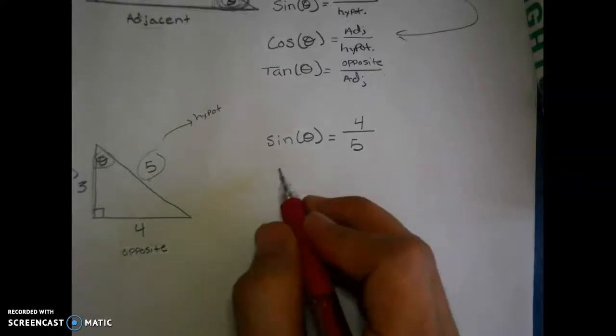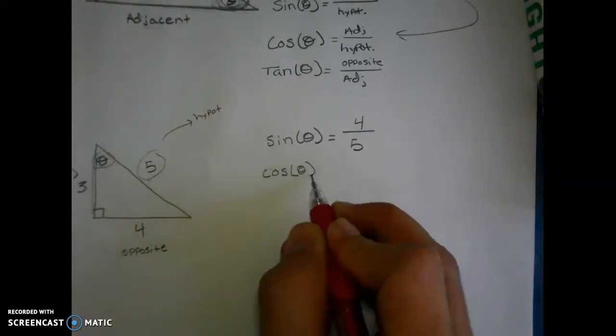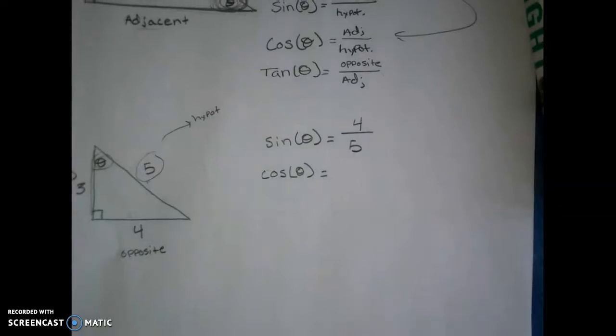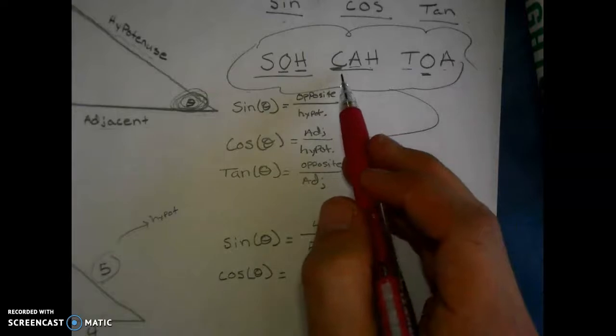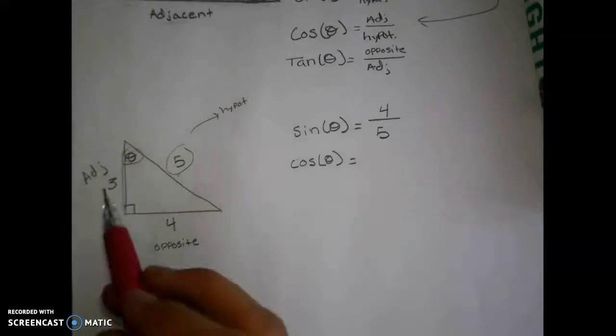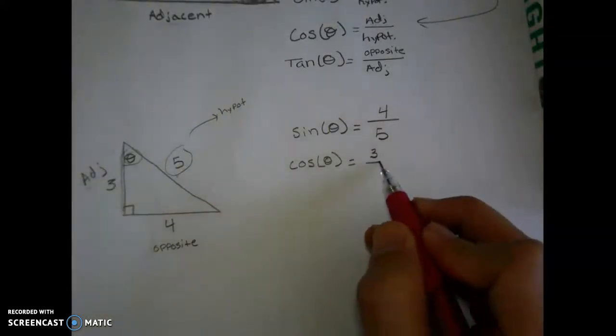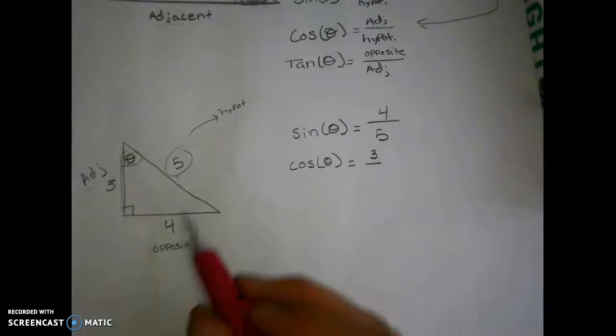Okay, so let's try cosine of theta is equal to, well, cosine is adjacent over hypotenuse, right? So adjacent over hypotenuse. Our adjacent was 3, so we write 3 over, well, what was our hypotenuse? 5.